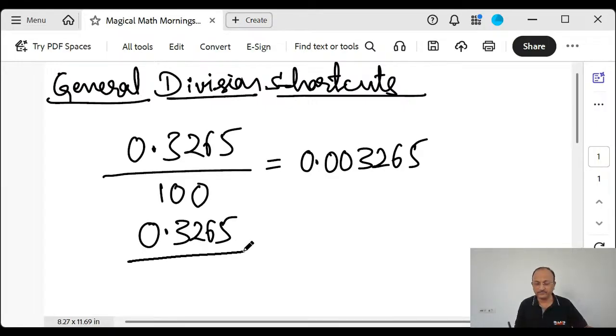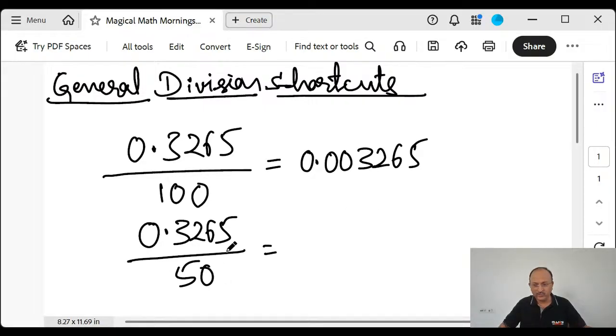Now, if I give you the same thing, 0.3265 divided by 50, what are you going to do? What is the answer? First, double it. First double it, and then instead of cancelling zeros and all, directly we can divide by 100.